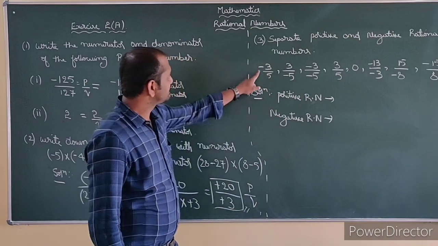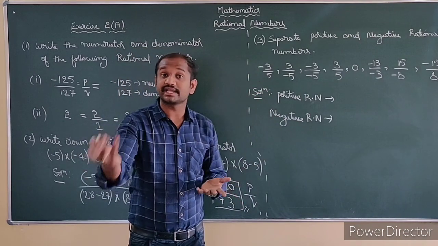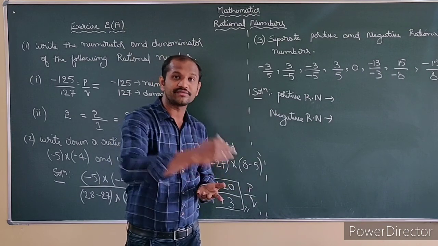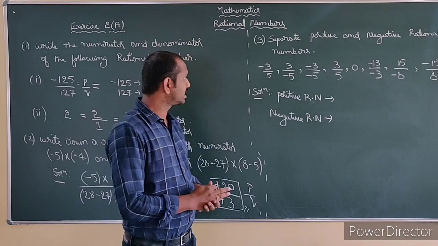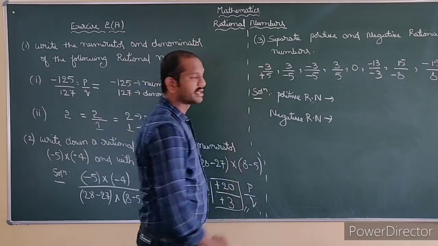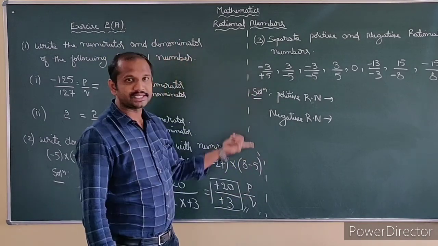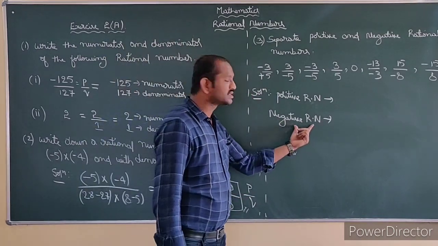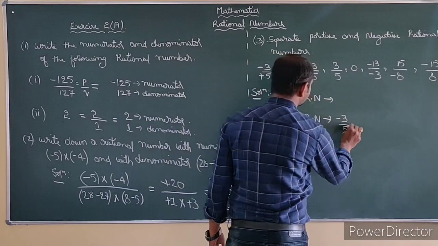Now the first one is minus 3 by 5. When we have negative integers, we get a negative rational number. When we have a positive integer, we get what? A positive rational number. Understand? So here the denominator is plus and the numerator is minus. According to division of integers, what is it? We get minus itself. So obviously that comes under negative rational number. First number, that is minus 3 by 5.